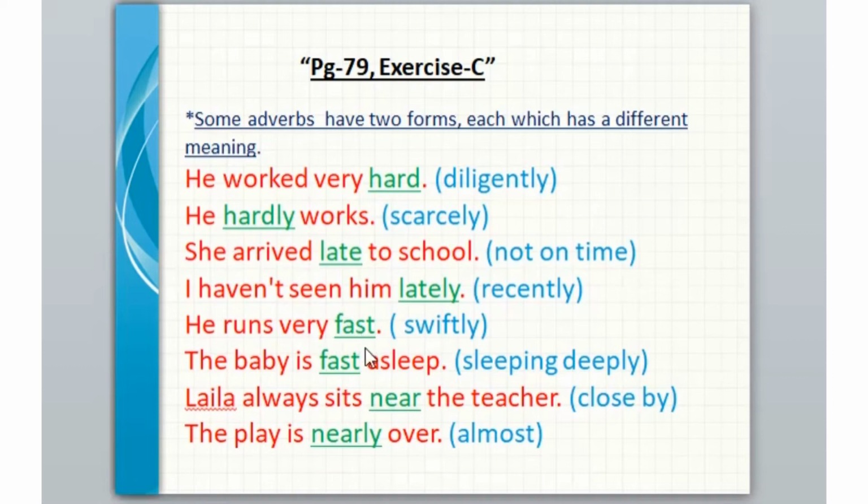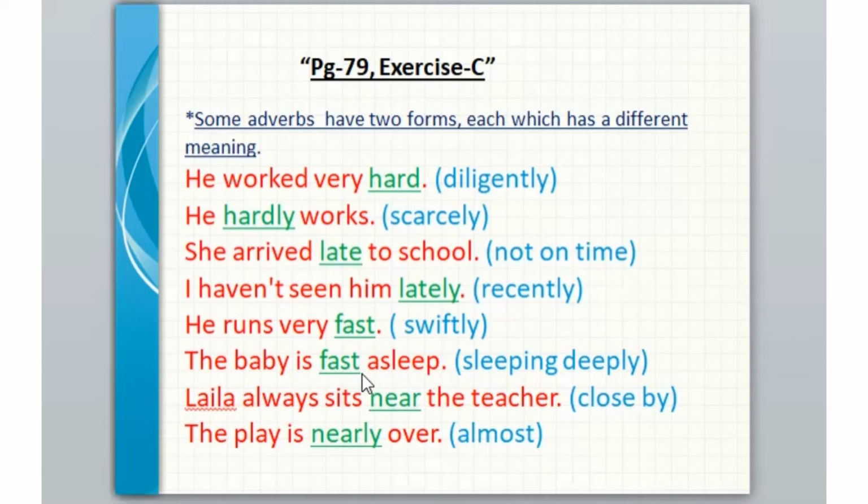Very is also modifying it, in terms of fast speed, like quickly. Here it means swiftly. Swiftly means without wasting any time, really fast, with a lot of speed. So fast is modified by the adverb very here. Basically we want to focus on the meanings of fast here. Now let's see the next example, how it can be used in another way where the meaning changes. Let's focus on the example. The baby is fast asleep.